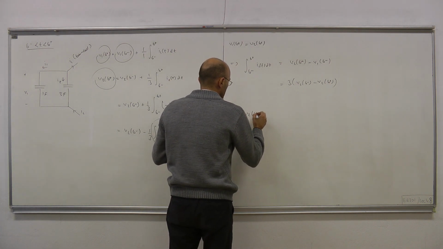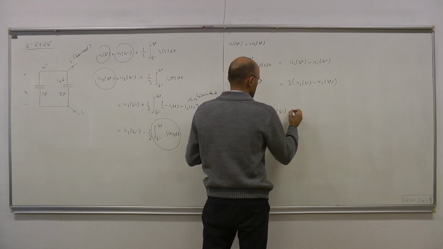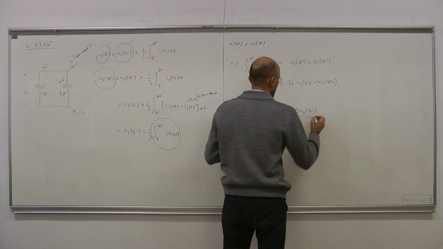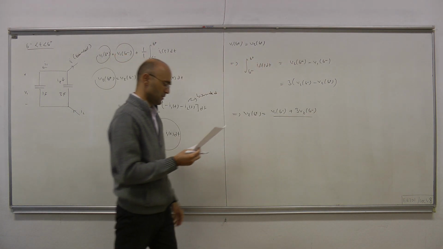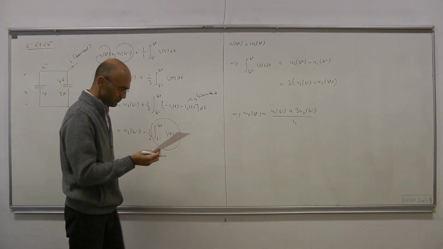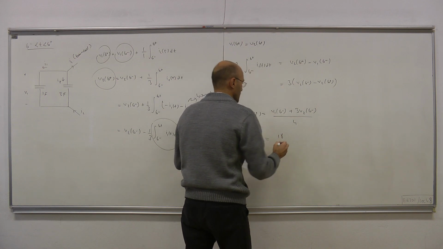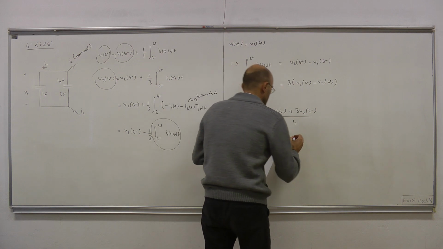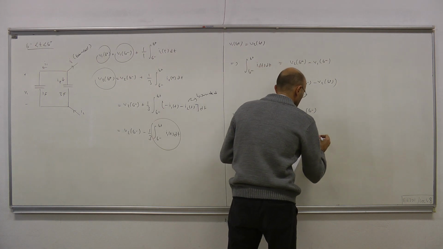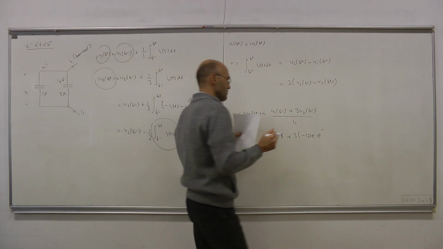And that we can write as V1(6-) plus 3 V2(6-) divided by the sum of capacitances, which is 1 plus 3, 4. That equals 18 plus 3 times minus 10 e times e to the minus t over 6 evaluated at t equals 6.